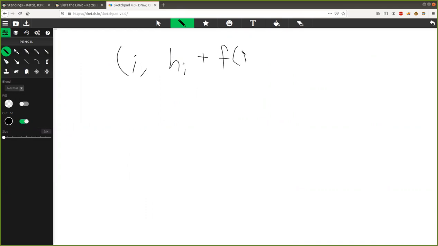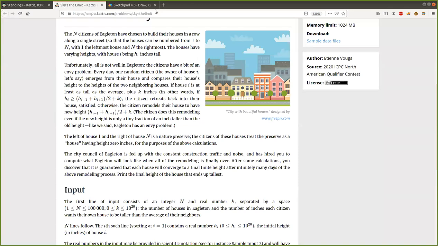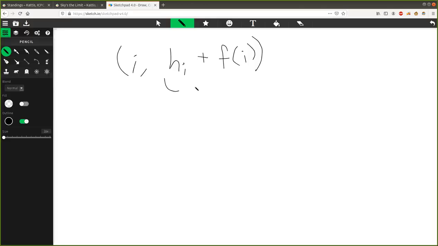I don't know what this function is yet, but we'll see if there is such a function that will turn it into a convex hull. So we want to transform the points so that the condition is exactly the convex hull of these points. Let's call the second coordinate y.